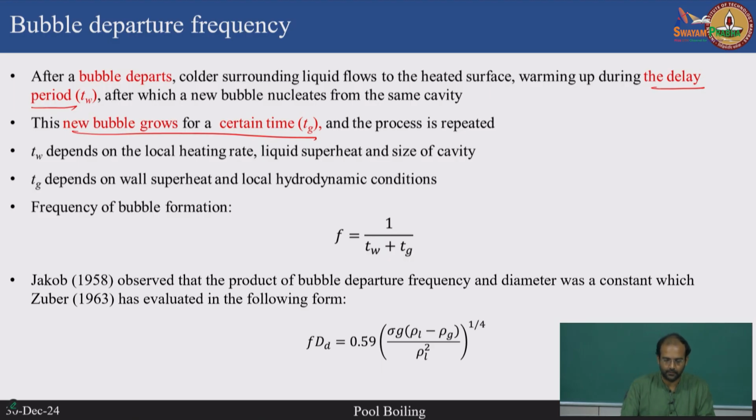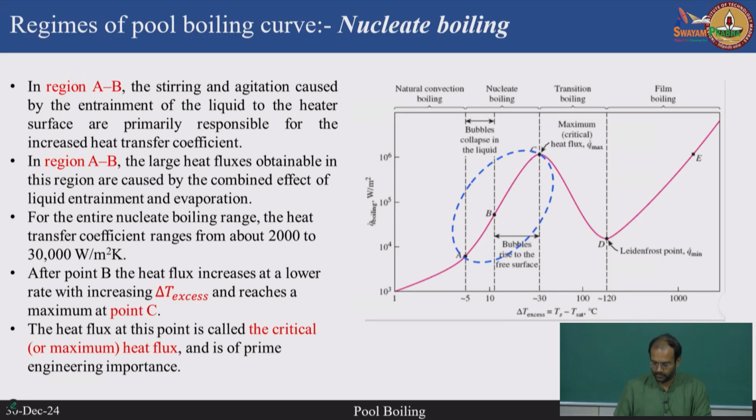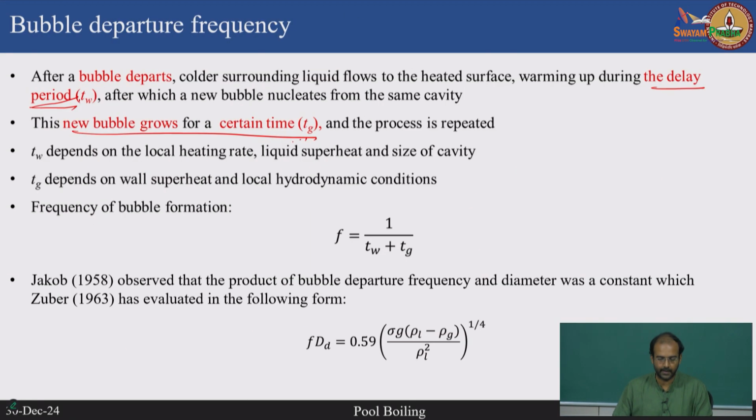So the new bubble grows for a certain time Tg, and then once this bubble leaves, you have the cold surrounding fluid re-wetting, and again it takes some time for this fluid to get heated up to reach the saturation temperature. So therefore there is another time, which is called the delay period. So your final time will be a combination of your bubble growth time Tg and the waiting time Tw.